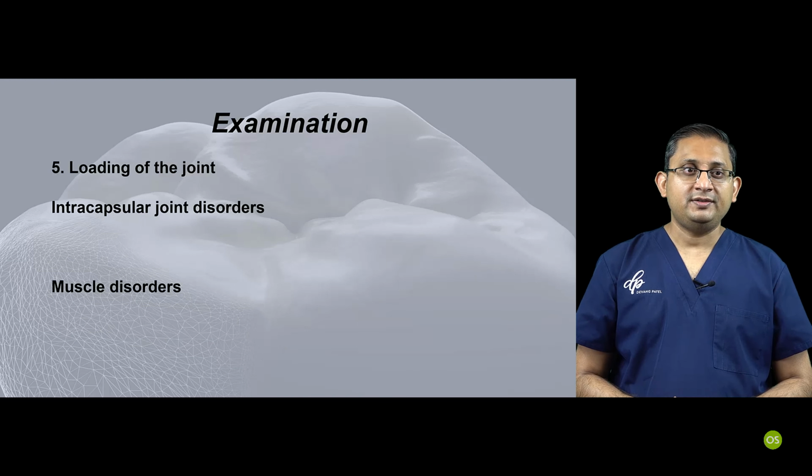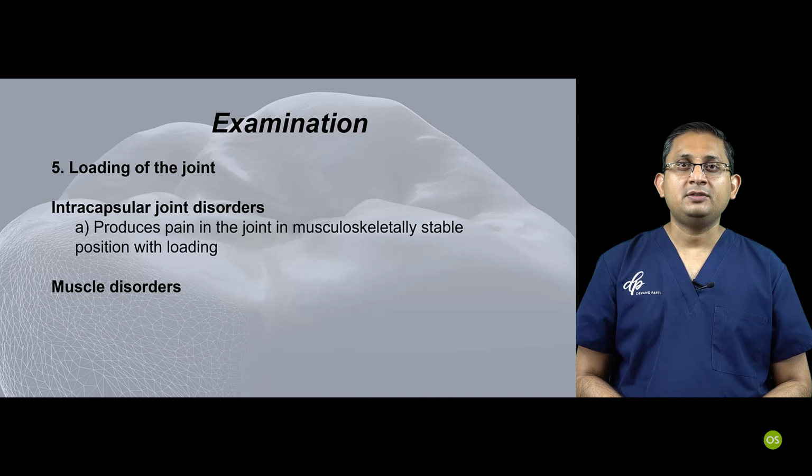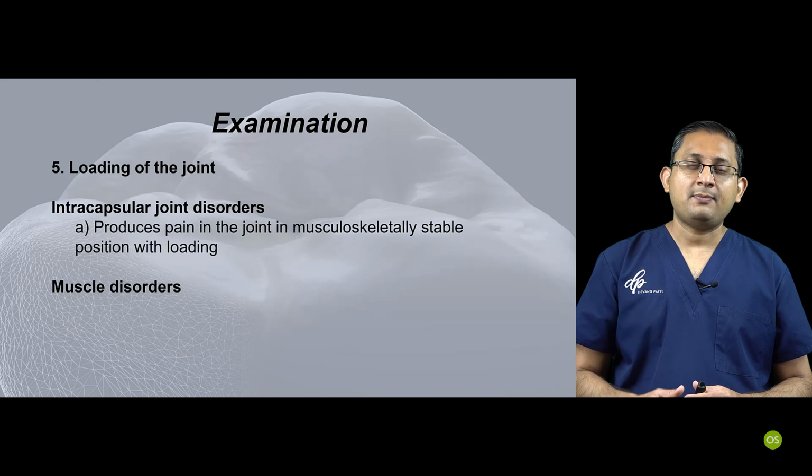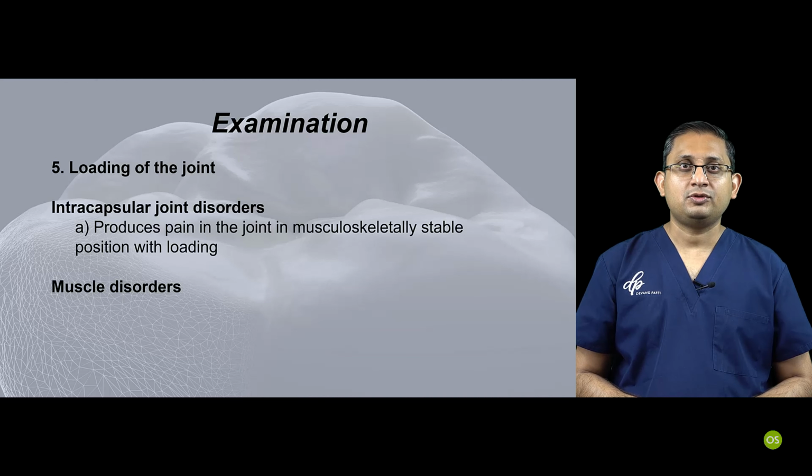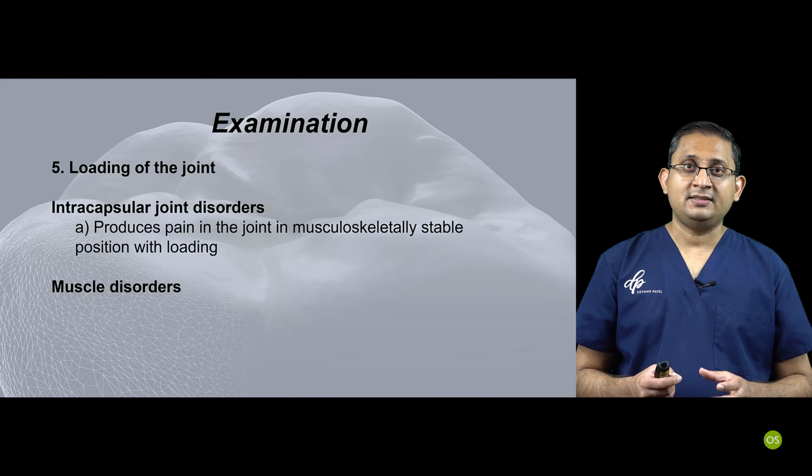The fifth reason is loading of the joint. Now, if you're loading the joint in the musculoskeletally stable position, which is CR, and the patient feels pain, then it's almost always intracapsular, because that's where there is a derangement.